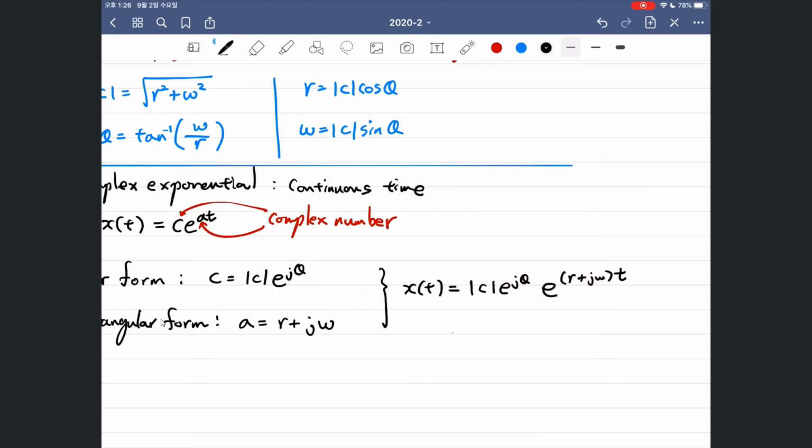So we can rewrite this equation by separating these two. e to the r t times e to the j theta plus j omega t, so I can bind them by j. Omega 0 t plus theta is the one inside the parenthesis.